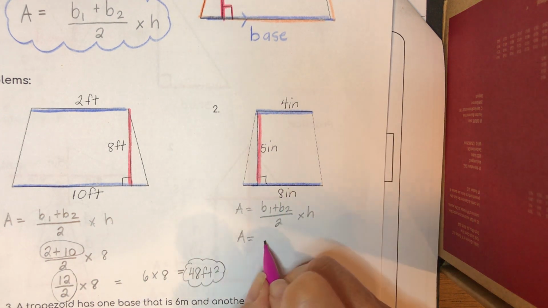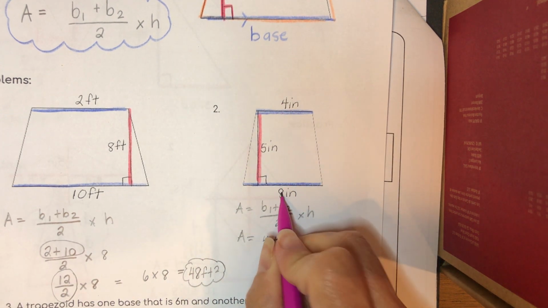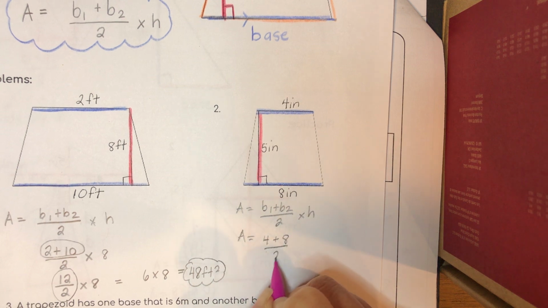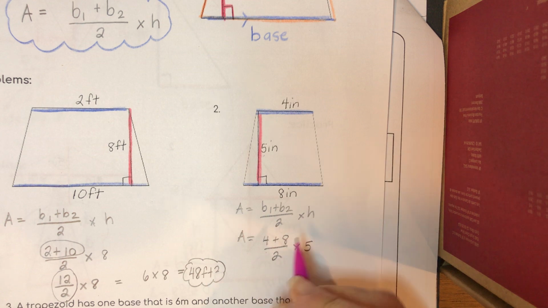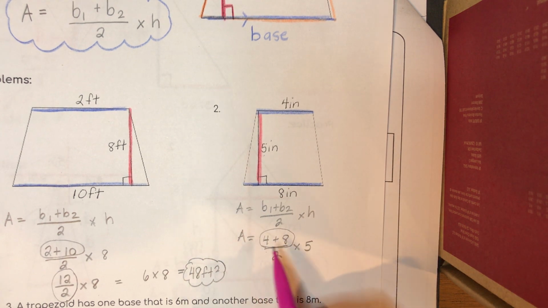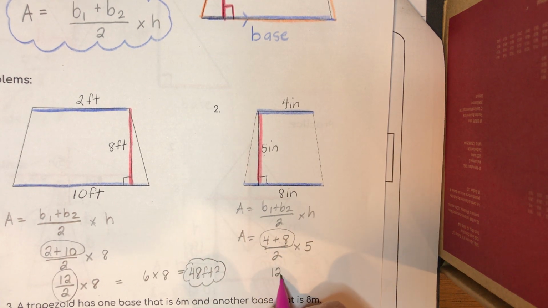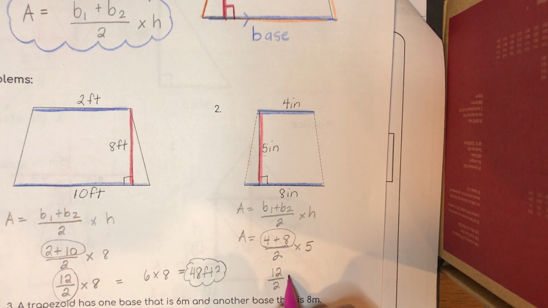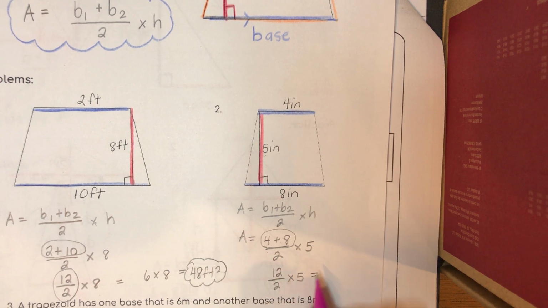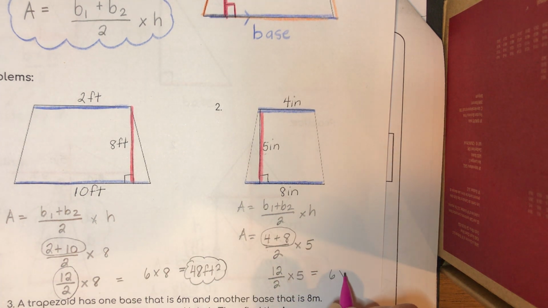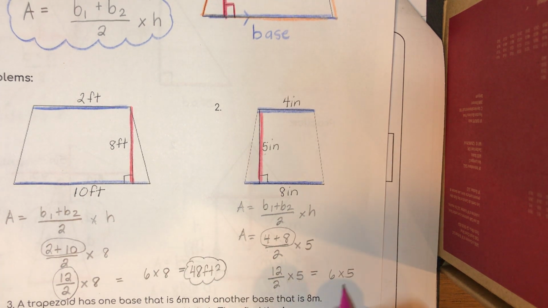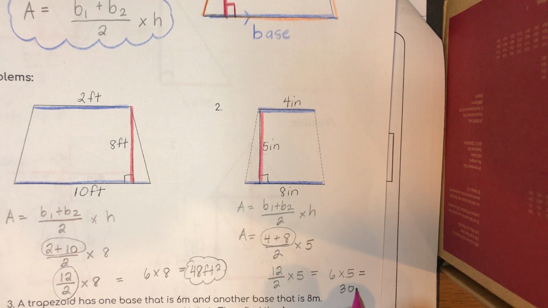Base 1 is 4 plus 8 divided by 2 times the height, which is 5. I simplify. 4 plus 8 is 12 divided by 2 times 5. 12 divided by 2 is 6. And 6 times 5 is 30. 30 inches squared is our area of the second trapezoid.